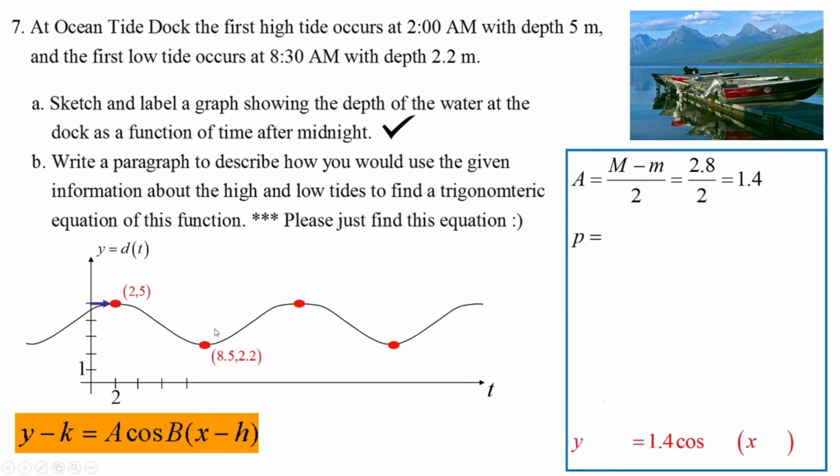So can I go 8.5 minus 2, and that'd be 6.5, and then multiply it by 2 to get the whole way, and that would be 13 units. So this wave has a period of 13, which kind of surprises me with tides, because I've always been taught it's a little over 12 hours, but I guess it would depend on where you're at in this world.